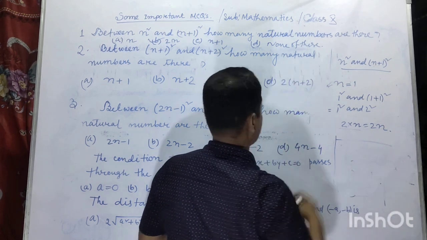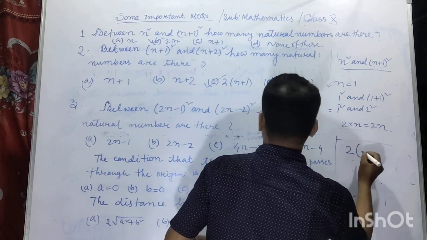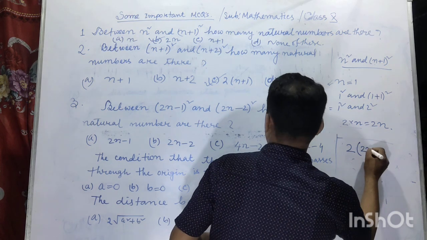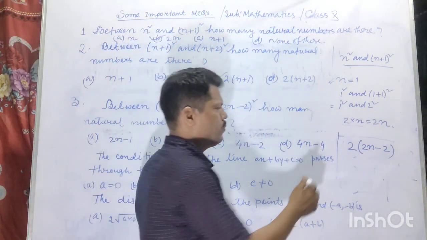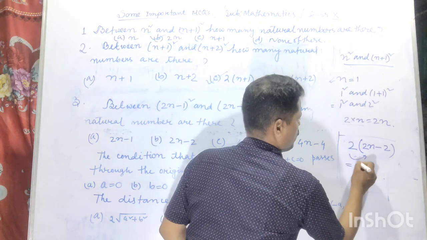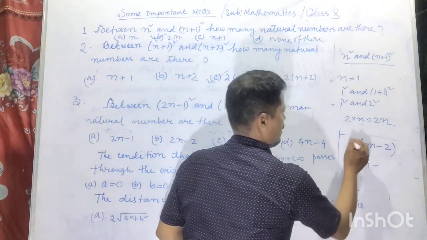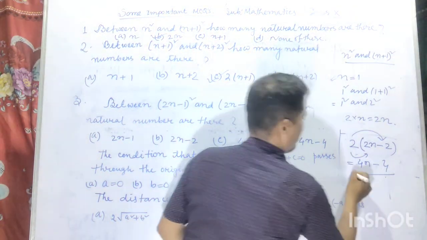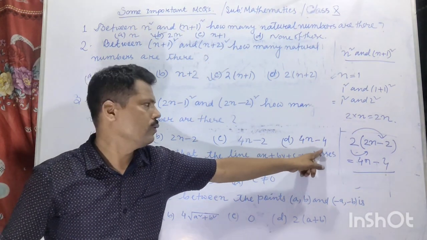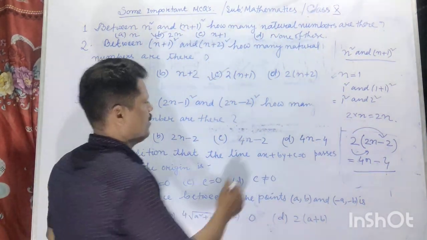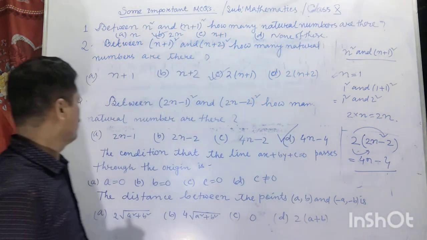So 2 times the smaller number, twice n minus 2. If we multiply this, what do we get? 2 into 2 is 4, and minus 2 into 2 means minus 4. Here the option is 4n minus 4. This one is the correct option.